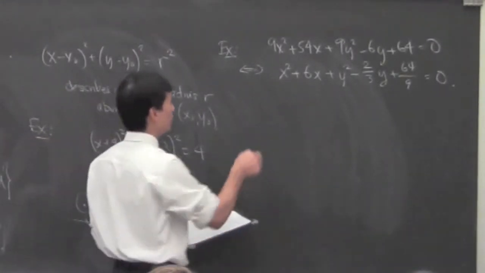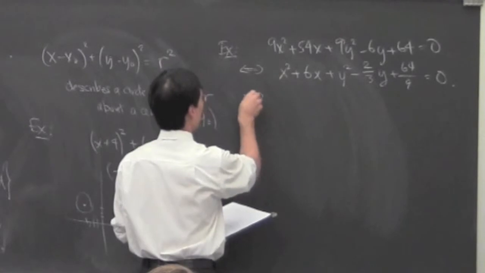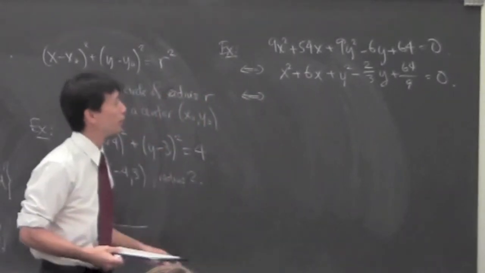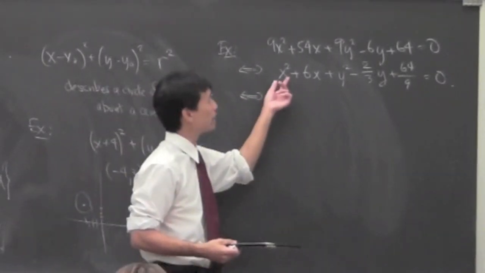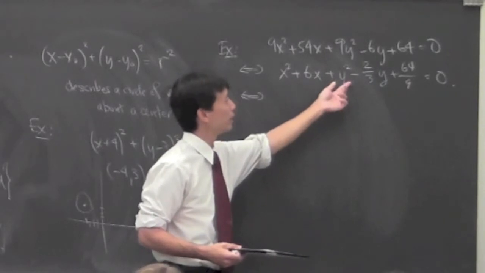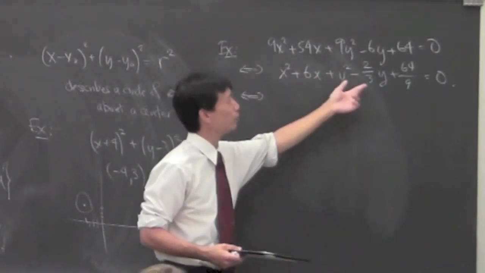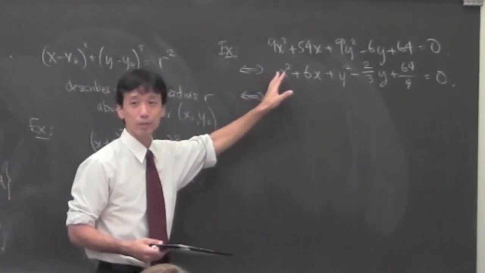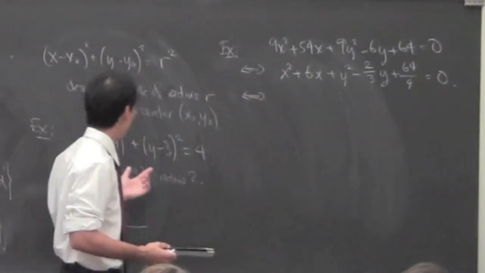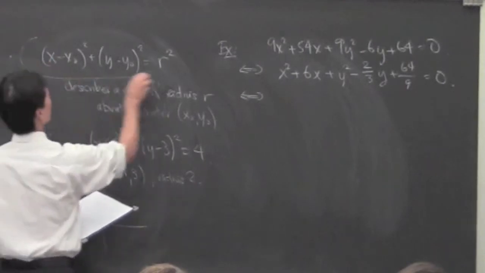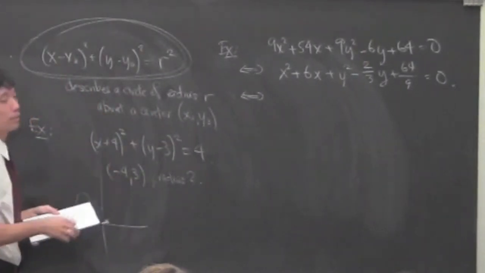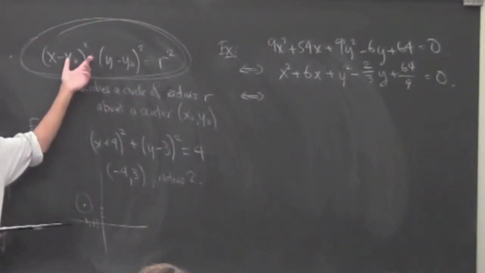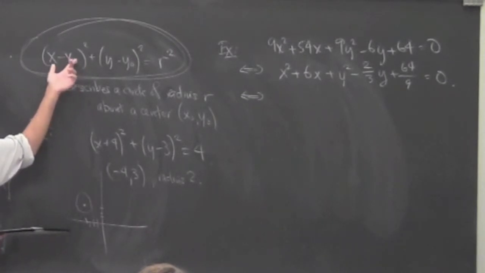And then I say, I think this is a circle because I've got this x squared and y squared here, and I've got some x's and y's and some numbers. So to recognize what circle it is, I'm going to make it look more like this, right? And so you play the game of completing the square.